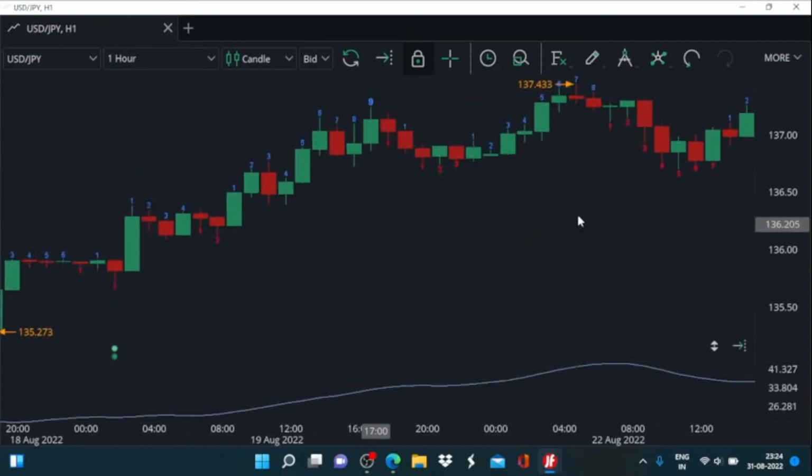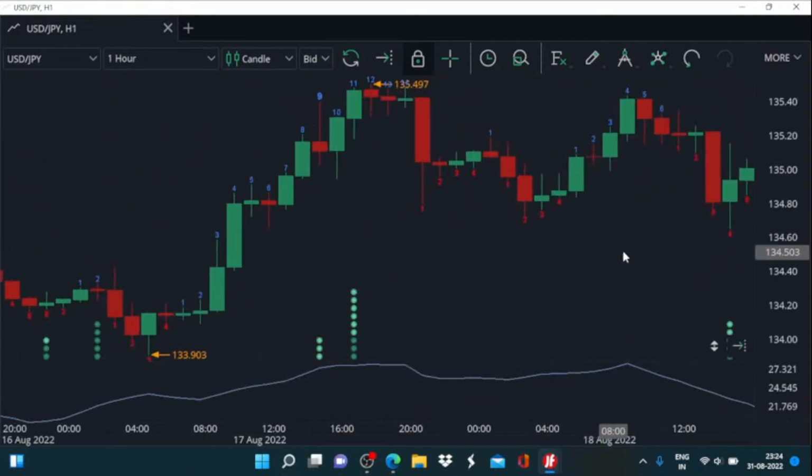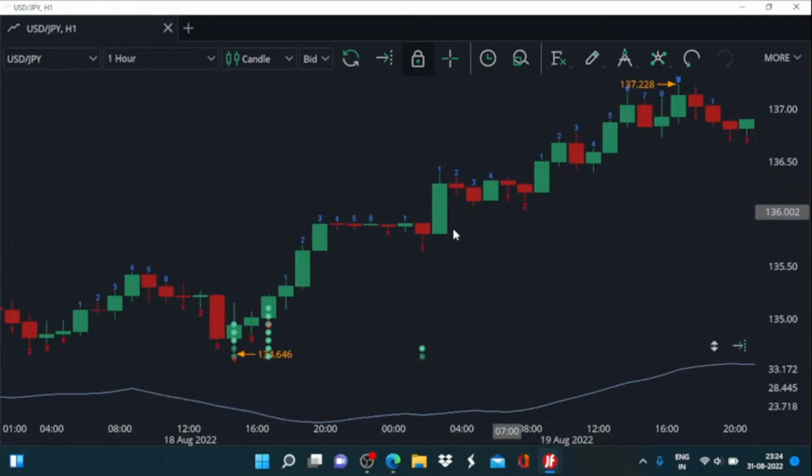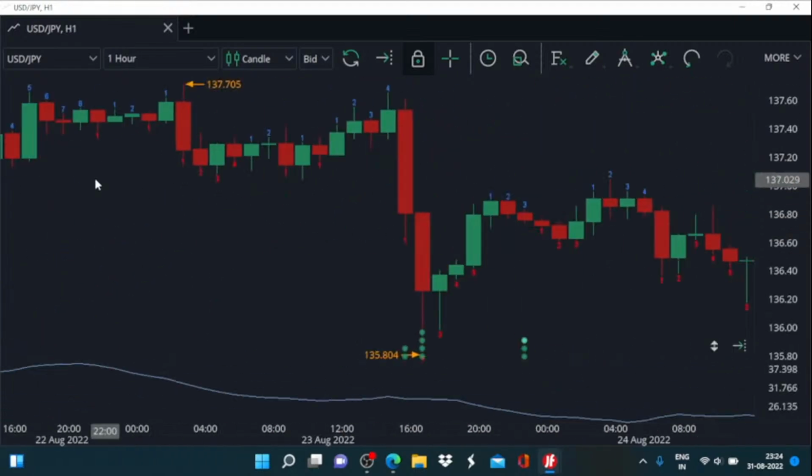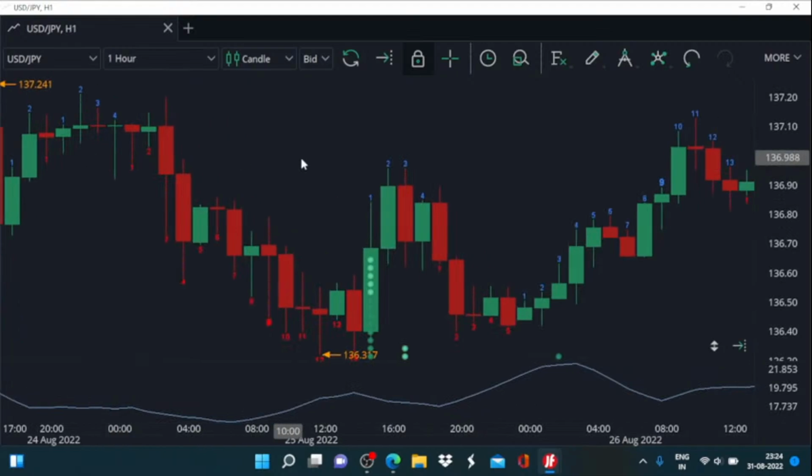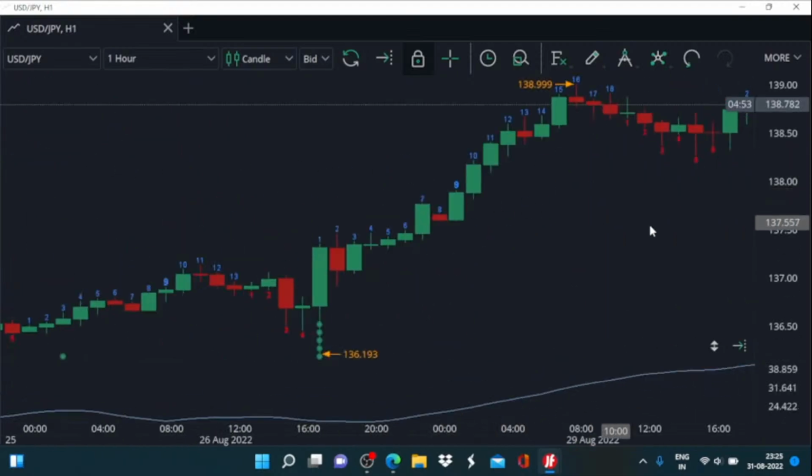So we consider this indicator to be a momentum gauge and we can trade accordingly. It's simple to understand and equally simple to implement on this JForex platform.